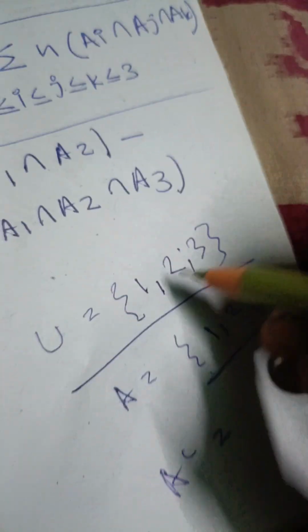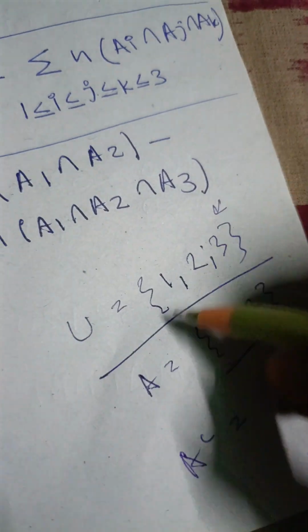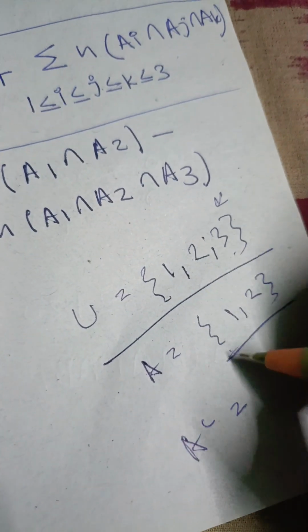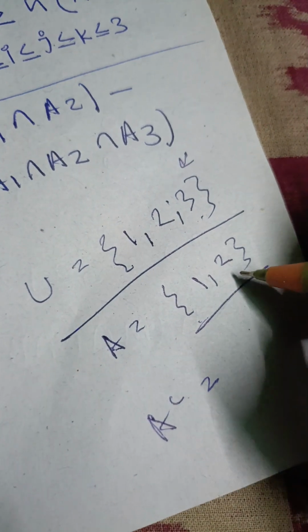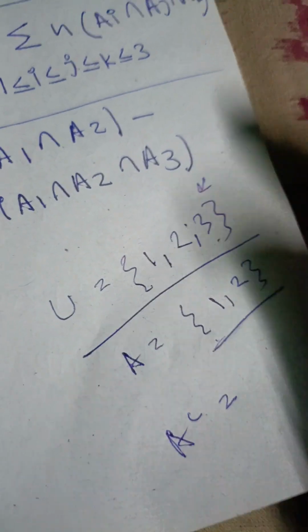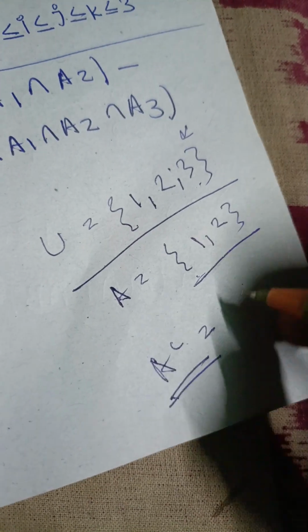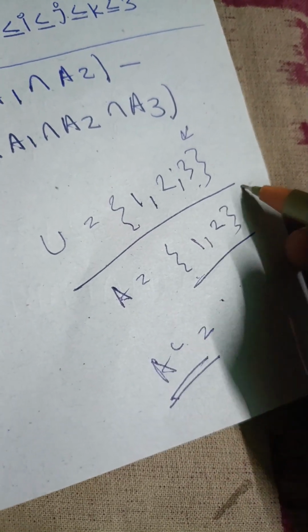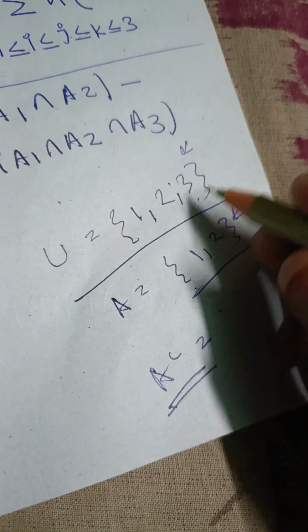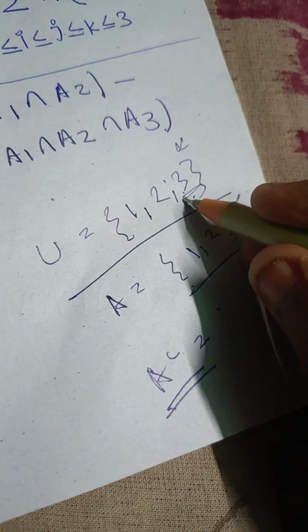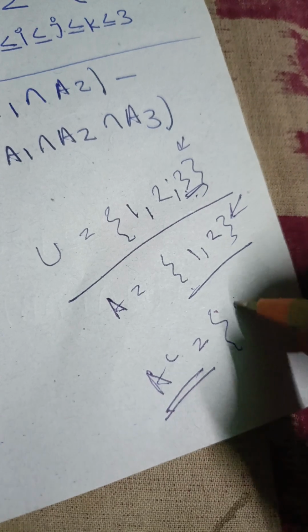Here I am writing. The universal set is 1 to 3, and for set A, it is 1 and 2. What is A complement? That is everything that is not present in A but present in the universal set. That is called A complement.